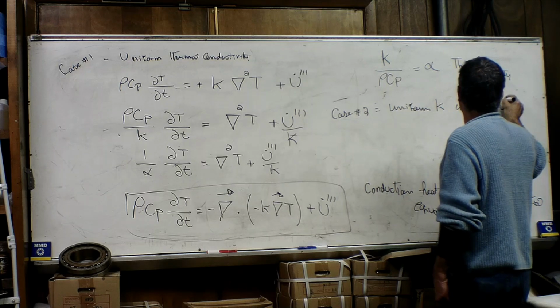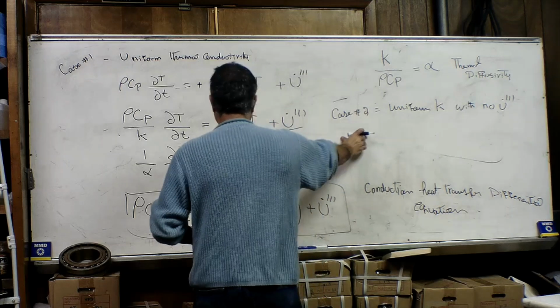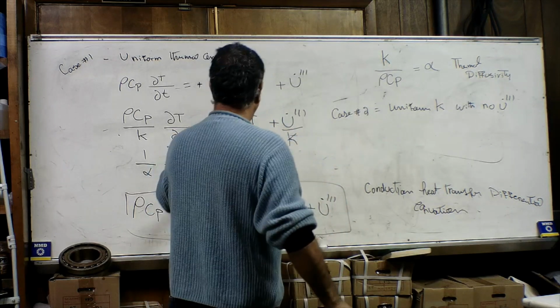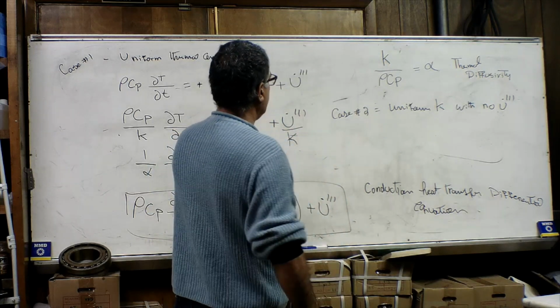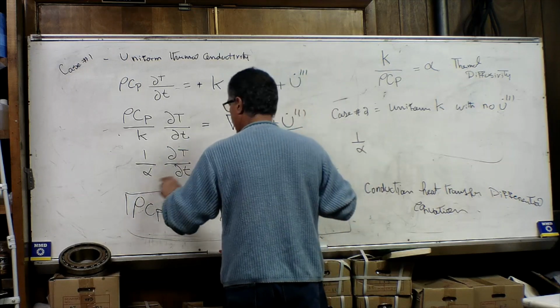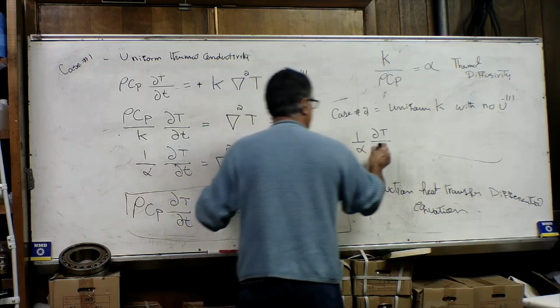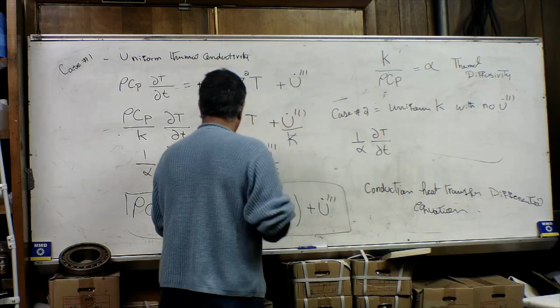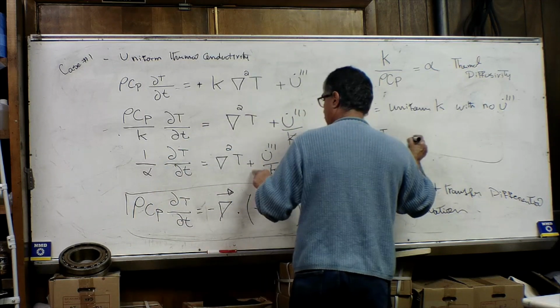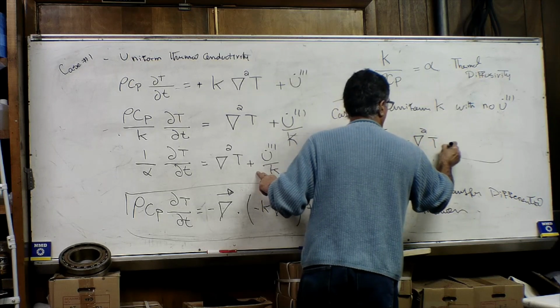So in this case, our equation will be 1 over alpha partial derivative of temperature with respect to time minus del square T equal to 0.